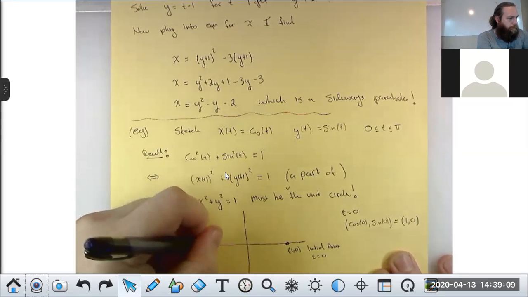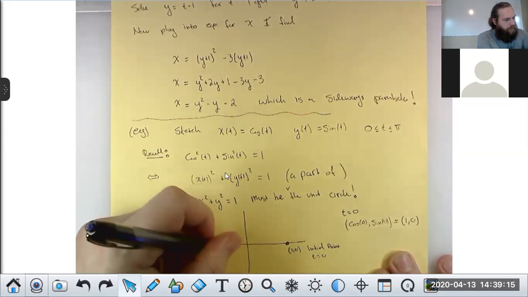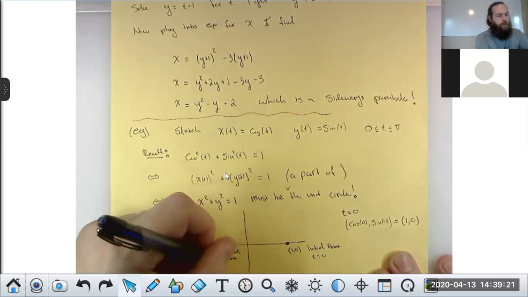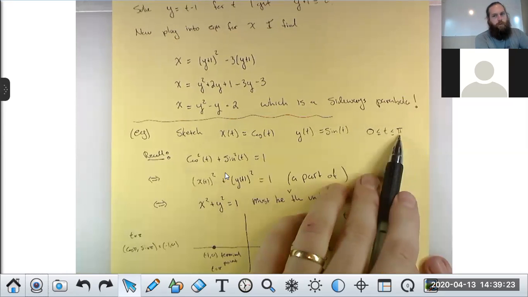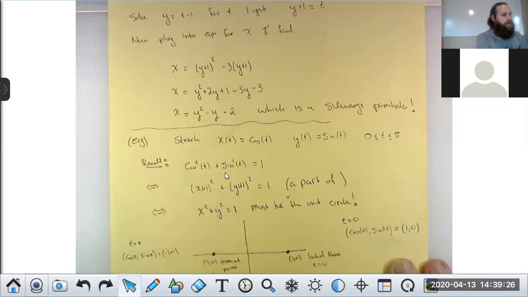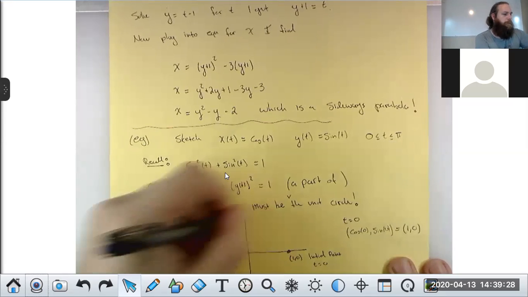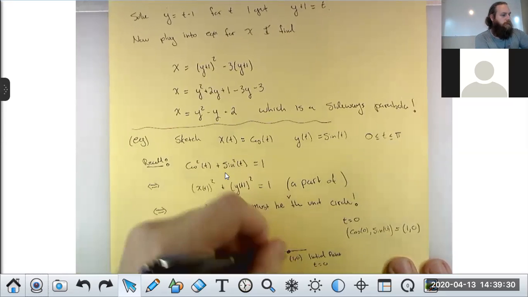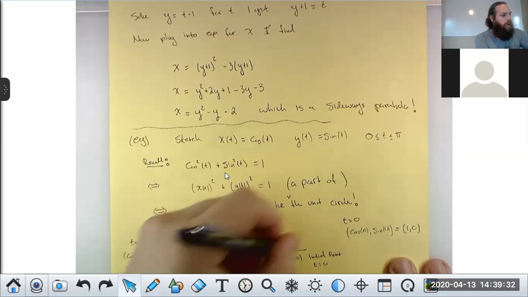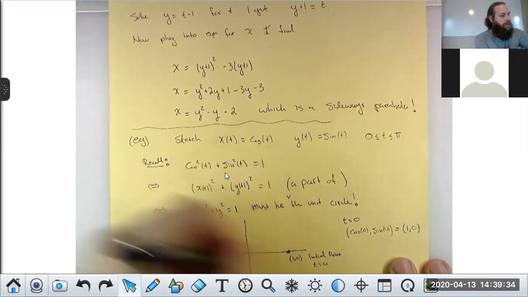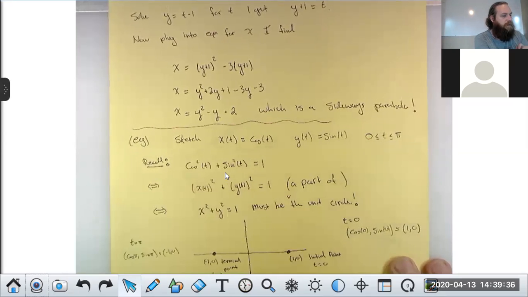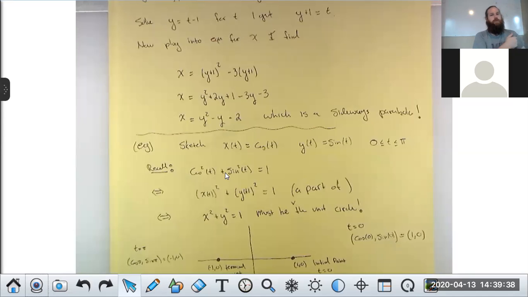So I know my terminal point is over here, which is the point associated with the largest t value I'm allowed to use. So I either have the upper half of the unit circle or the lower half of the unit circle, or I walk all the way around the unit circle and then halfway again to get here. And we have to ask ourselves, which of these do I really have?